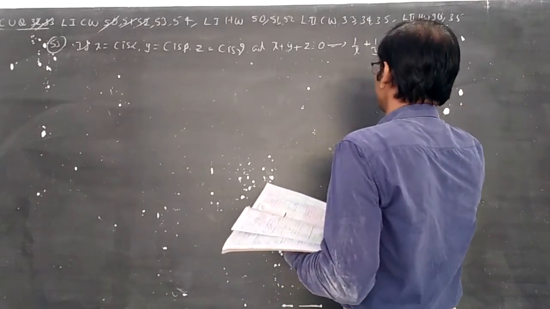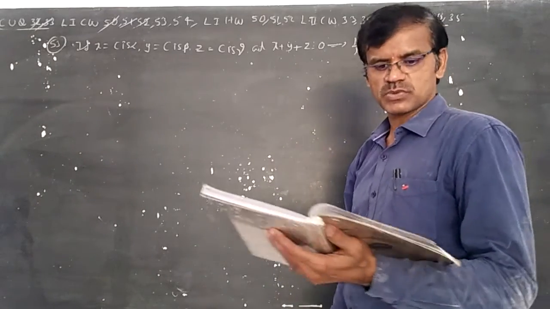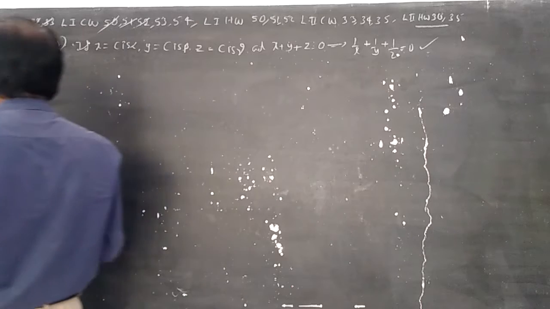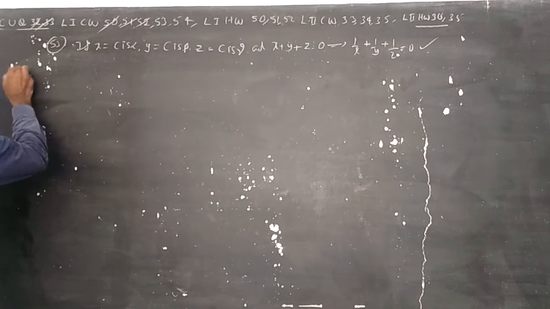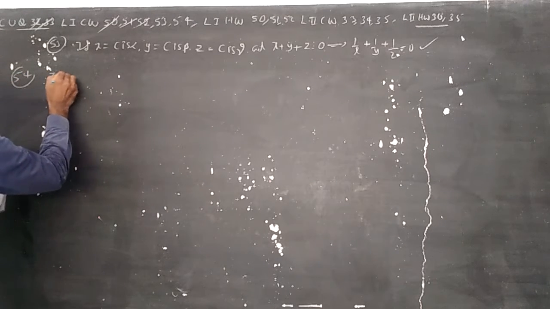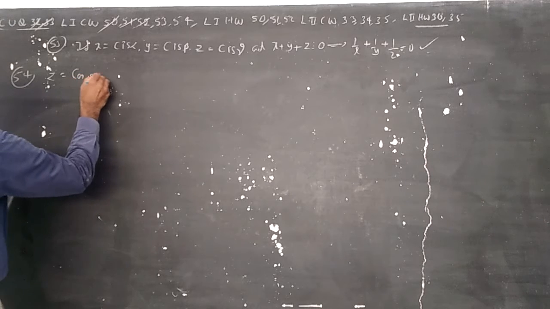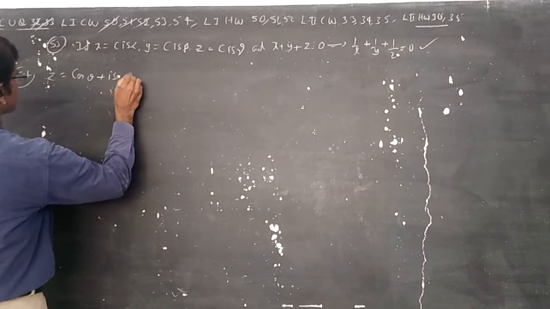Of course, it is 0. Already we discussed in synopsis the 1 by a plus 1 by b plus 1 by c concept. Completed. 54.